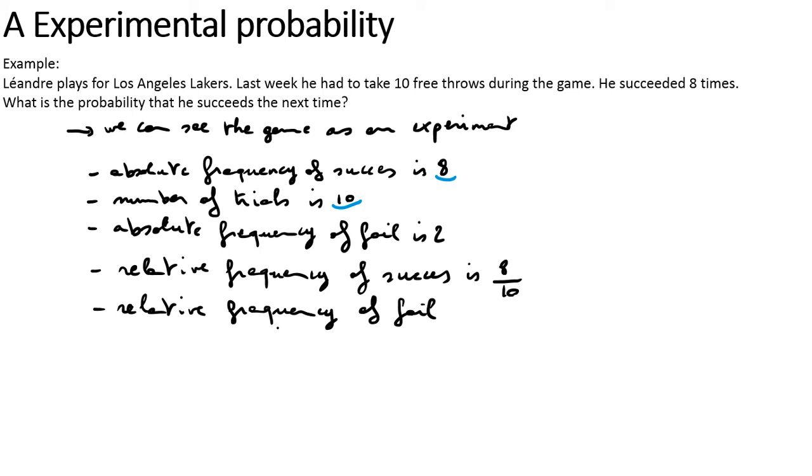And the relative frequency of fail is the absolute frequency of fail, the number of times he failed, which is 2, over the total number of times he tried, 10. So in this case, 2 out of 10.